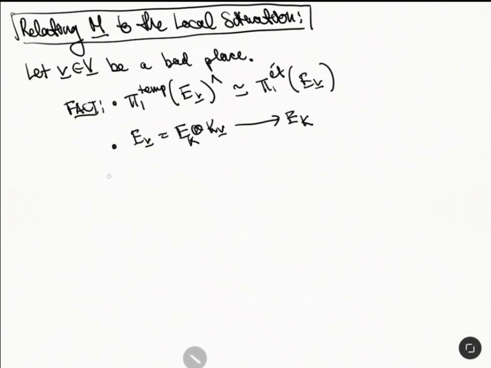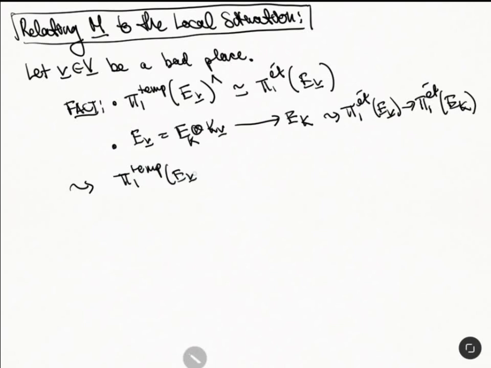Hence these two things give a map, and this induces a map from pi 1 tall of E V underline to pi 1 tall of E K. And this induces a map from pi 1 of the tempered fundamental group of E V underline to pi 1 tall of E K.